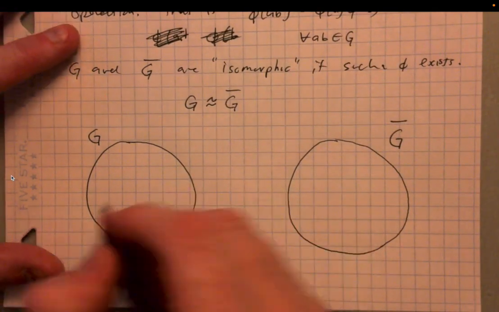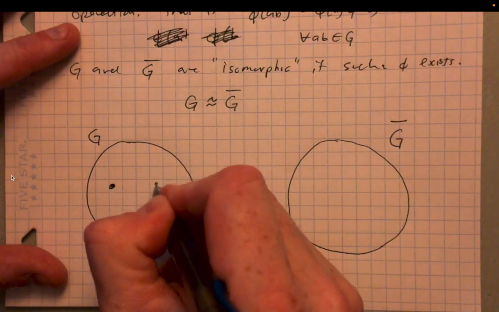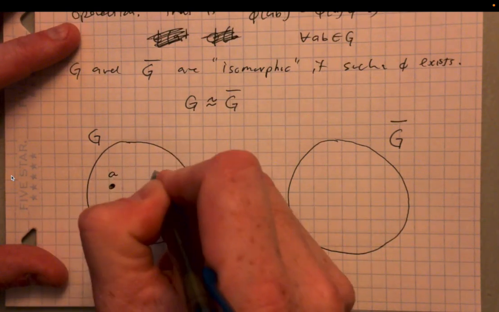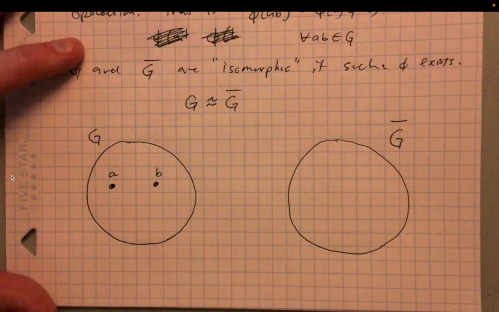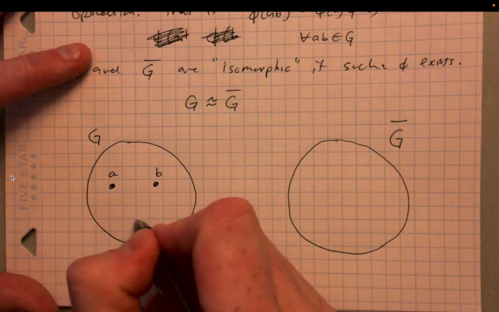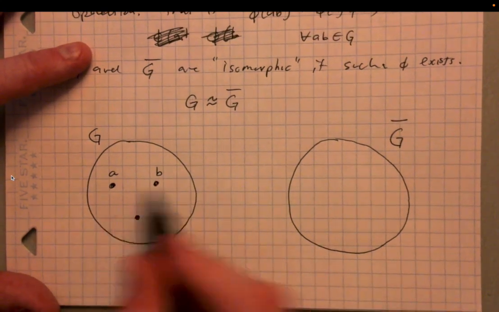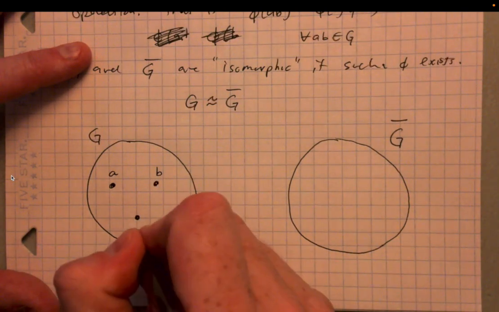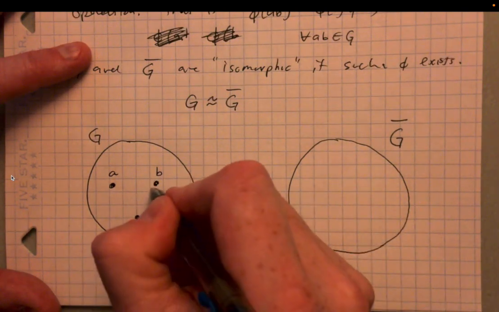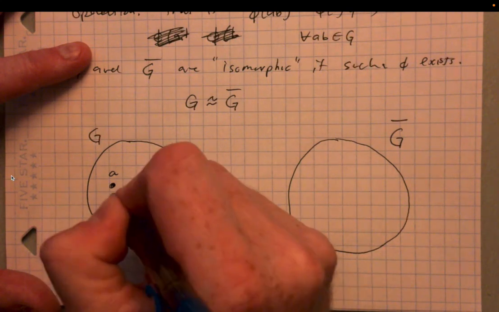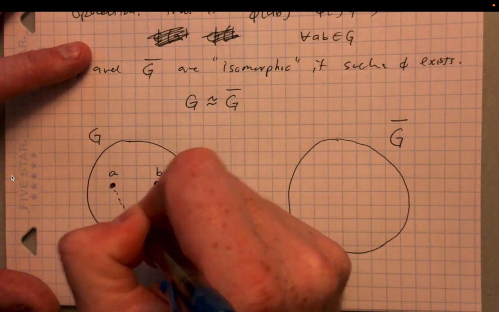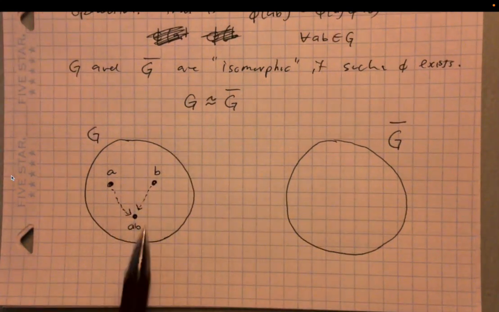Now in G, I'm going to have an element A and an element B. And there'll be a third element which is equal to the product of A and B, or the sum, depending on the kind of group. So the group operation would be A and B combined to form AB.